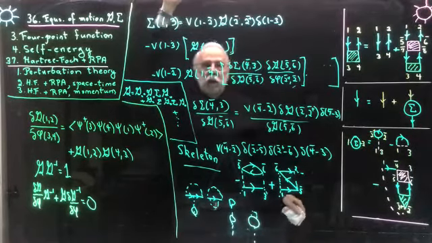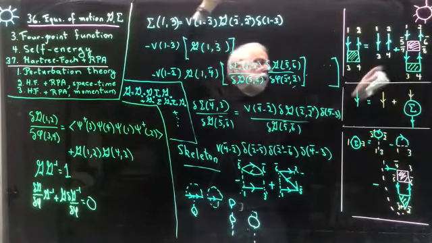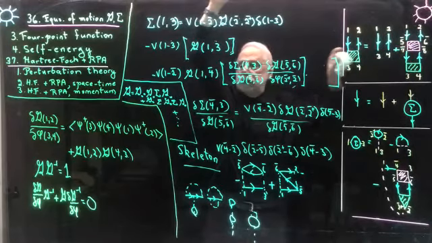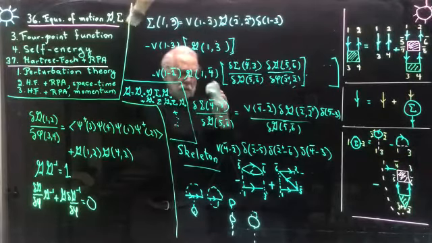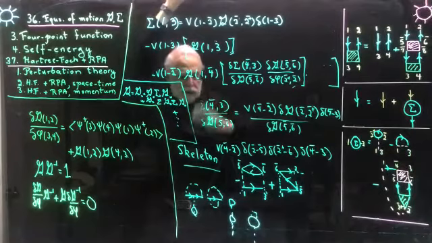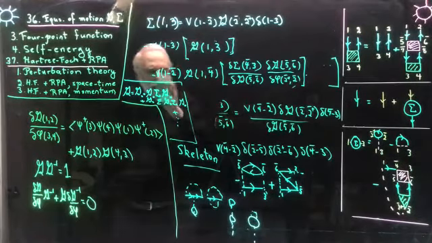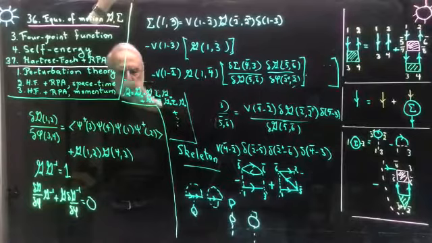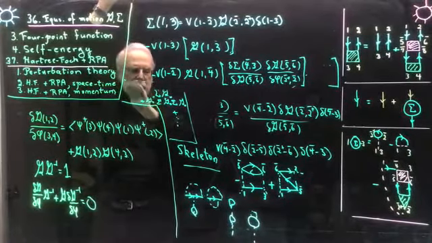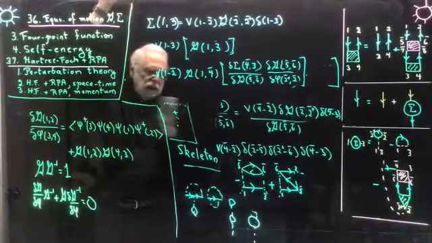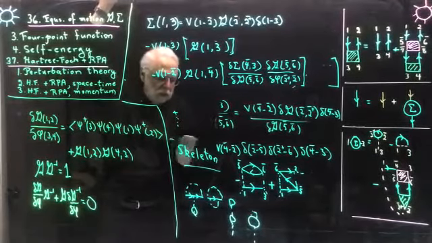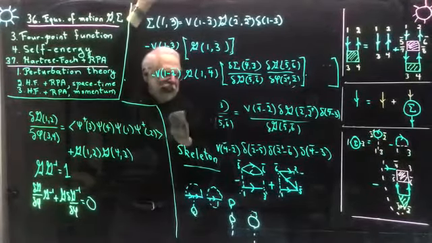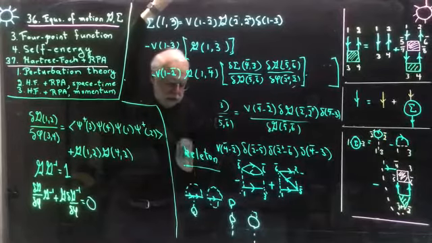Now, if we want to do the random phase approximation for this, we will do the random phase approximation for the density correlation function.